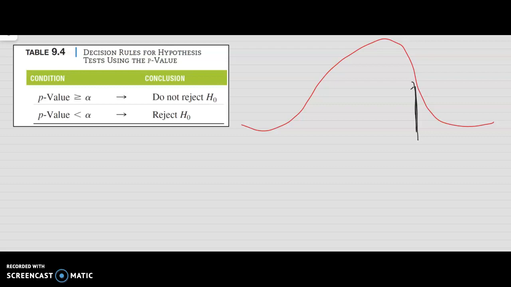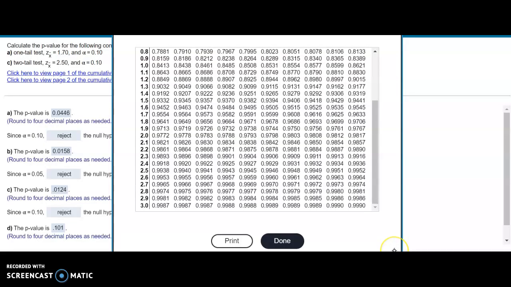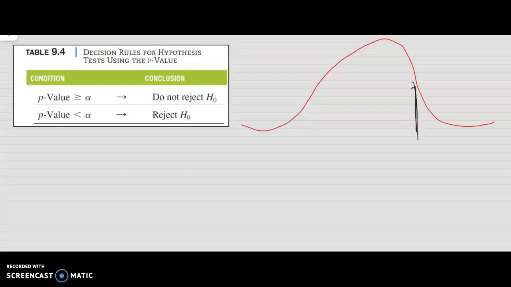First, let's write our test statistic down, 1.70. Let's just say 0 is right here, okay? Well, 1.70 is positive, so it would be somewhere over here. Now, when we look it up in the table, it's going to give you the probability up to that value.